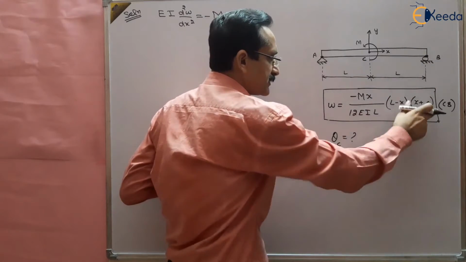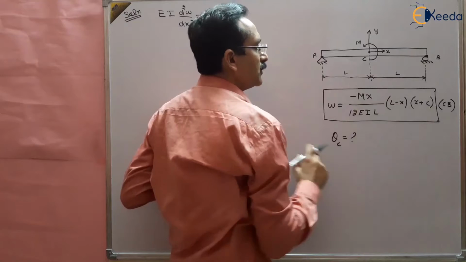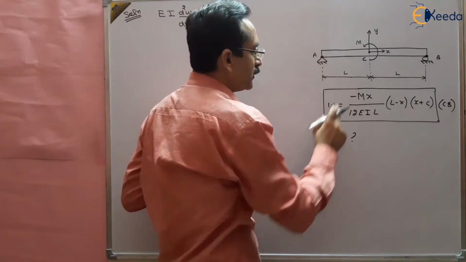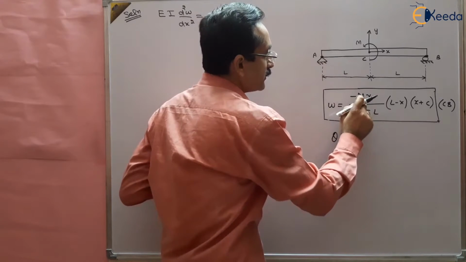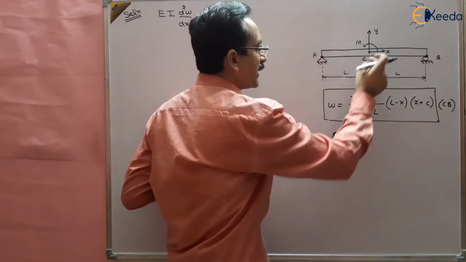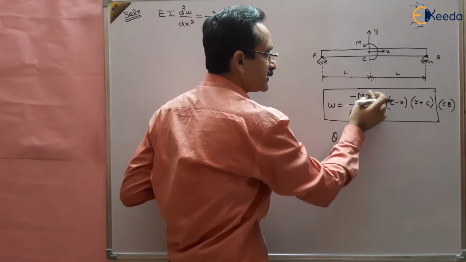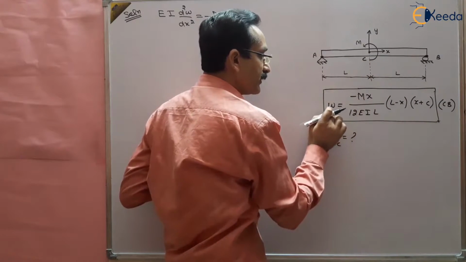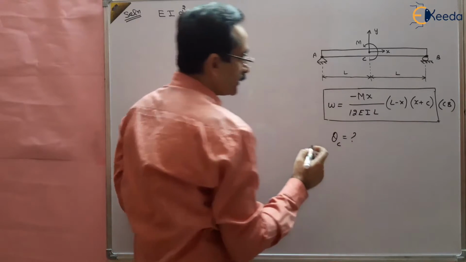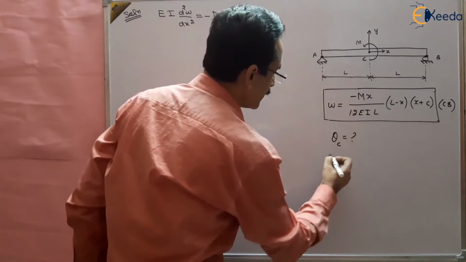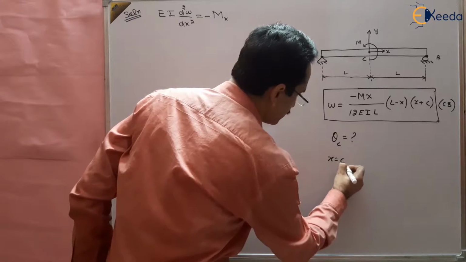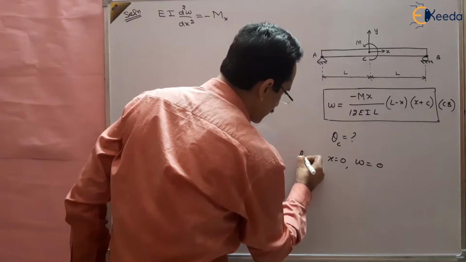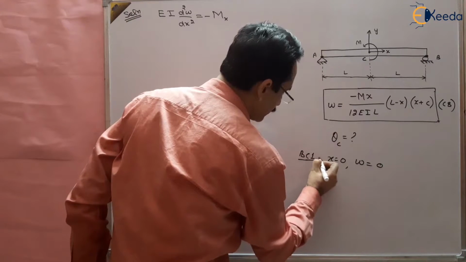Also, using this equation, since x is taken from the center, at x equal to 0, the deflection is 0. This is the first boundary condition we can use if required.